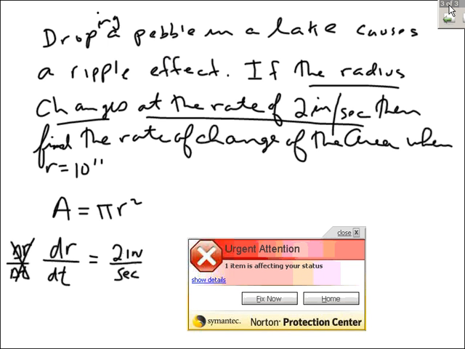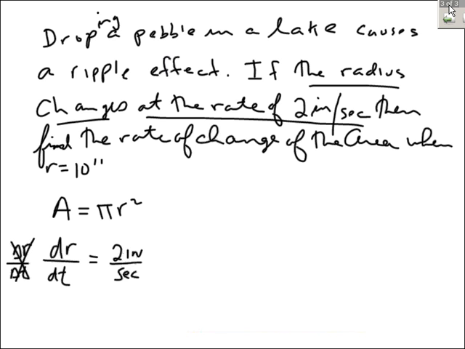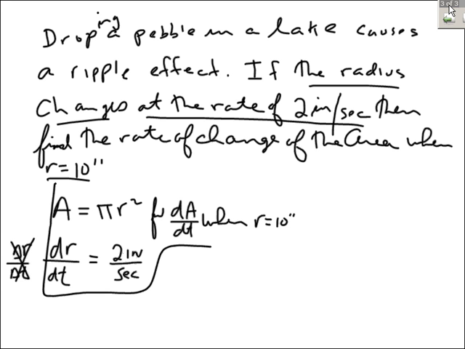And then it says, find the rate of change of the area. So, I meant to write find dA/dt when r is 10 inches. Okay, so this is what we have. How do you get dA? You take the derivative of A, in this case with respect to t.